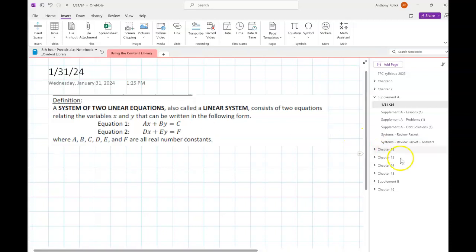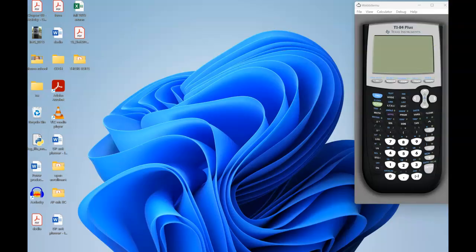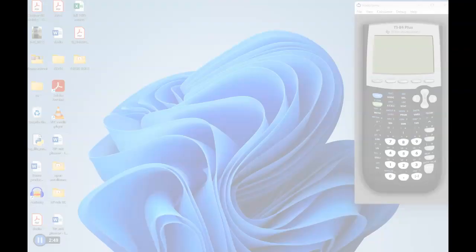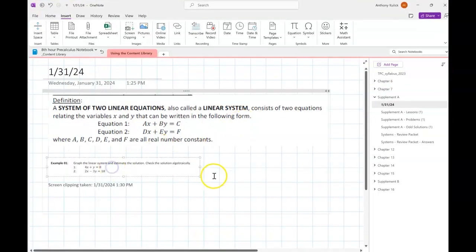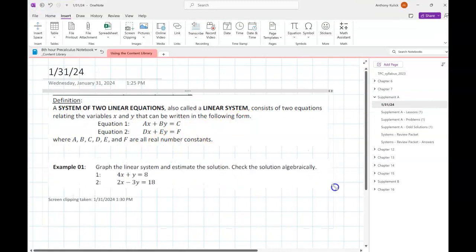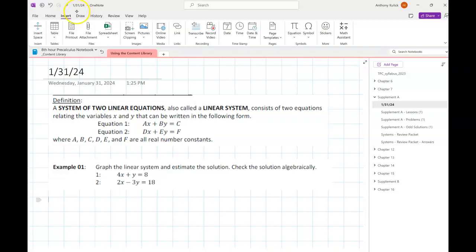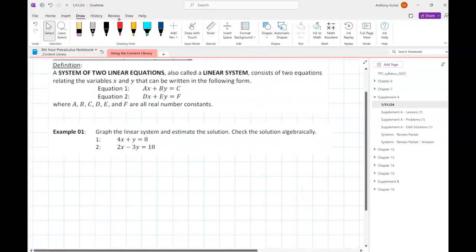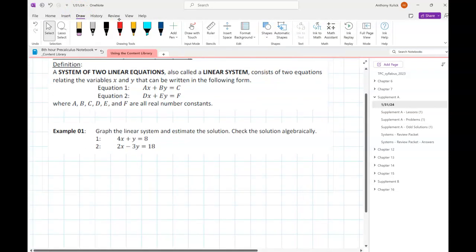So let's grab an example and run through how we could do that, now that we've talked through the motivation. If I want to solve this system by graphing, I'll start with equation 1.